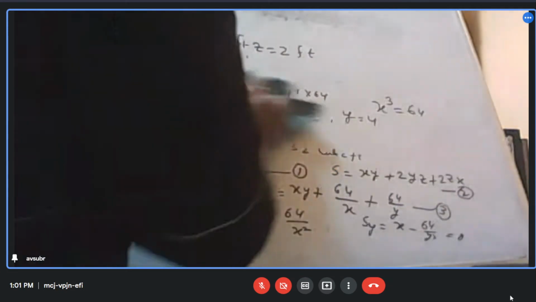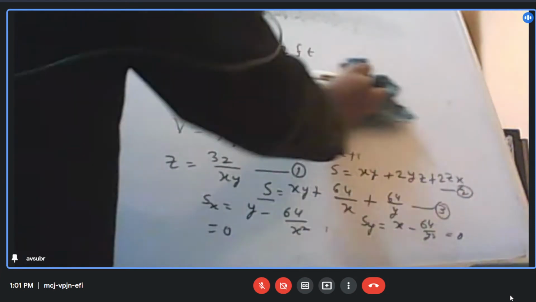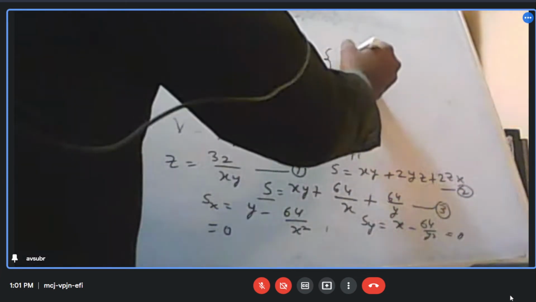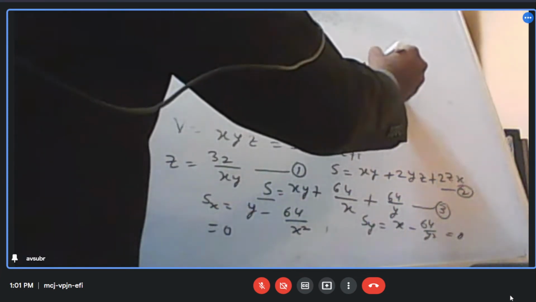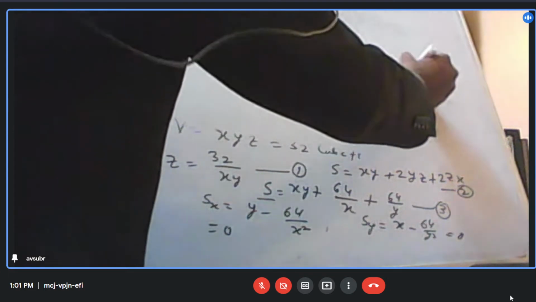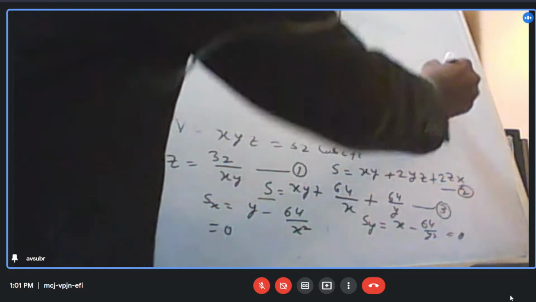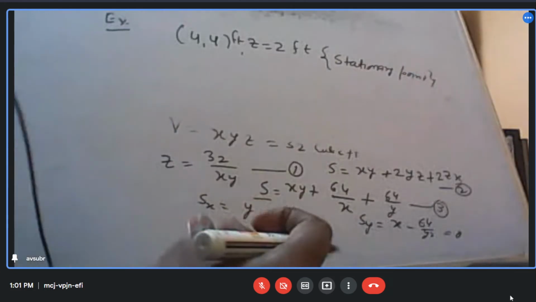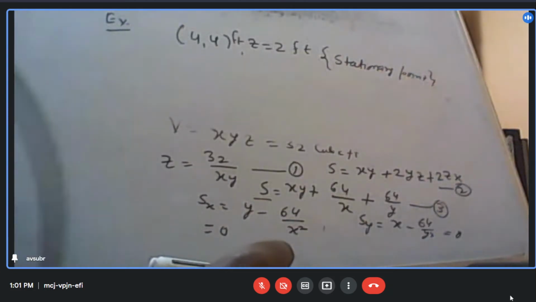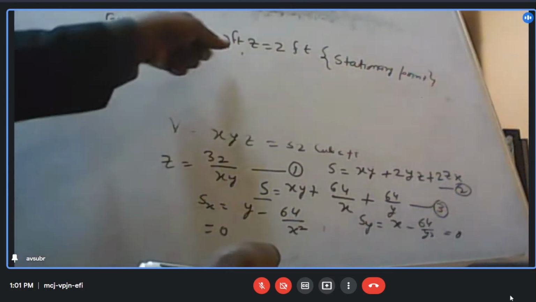So this is what we have got. We have got the stationary point. First of all, we have to find out where the stationary point is, and then we will further investigate whether it is maximum or minimum at these points.